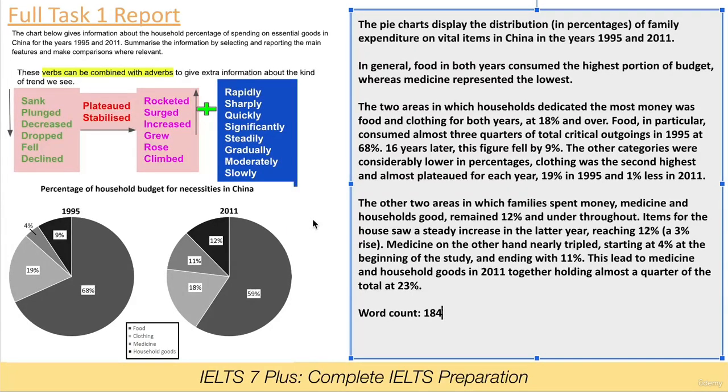But I hope you can see how we've approached this one. Sometimes you might want to talk about one pie chart and then the next. I thought as the key was the same for both, we could split them into two groupings here, and then we're naturally comparing and contrasting as we go along.